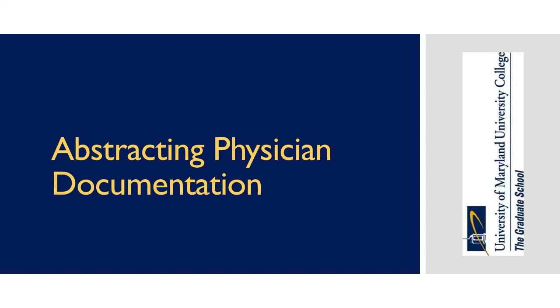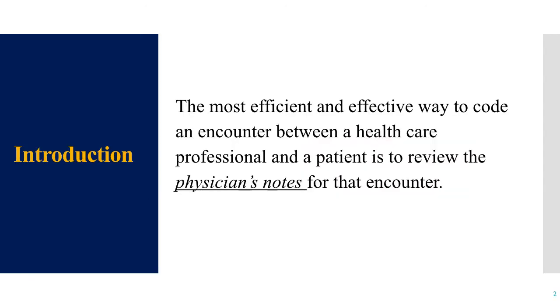Let's talk about how to abstract physician documentation, because in this documentation is where you will find the key terms or the main terms from which you will determine the codes.